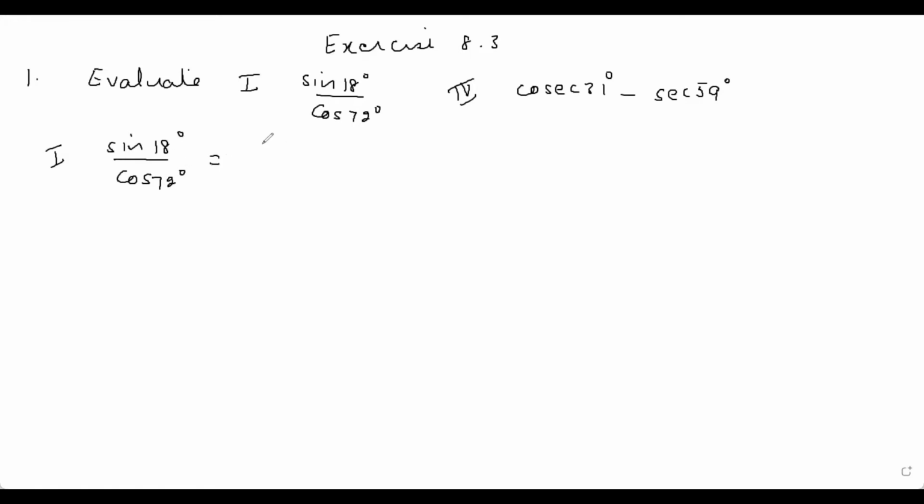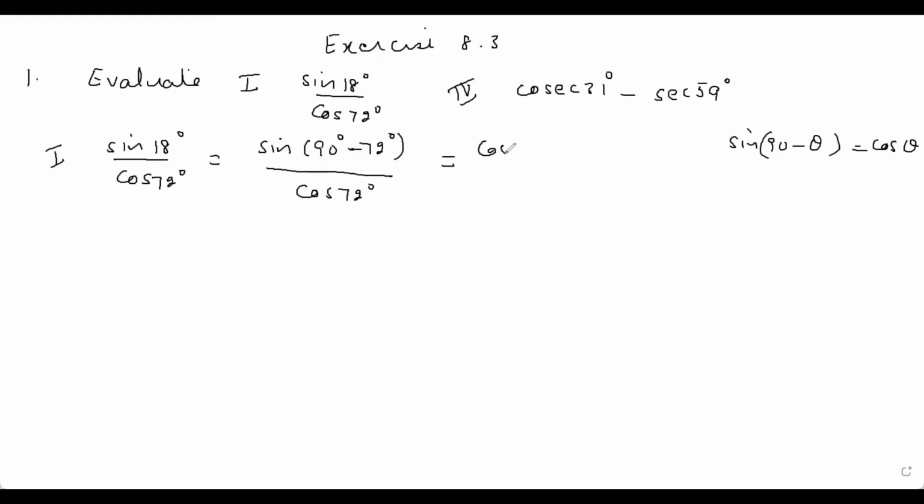This can be written as sine 90 degree minus 72 degree upon cos 72 degree. Now sine 90 minus theta is equal to cos theta. So this is equal to cos 72 degree upon cos 72 degree.